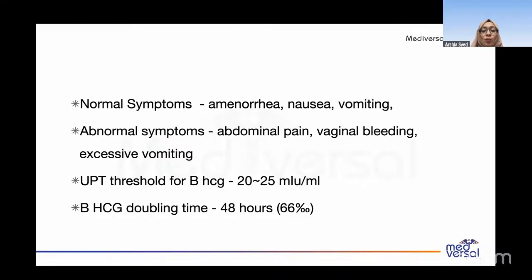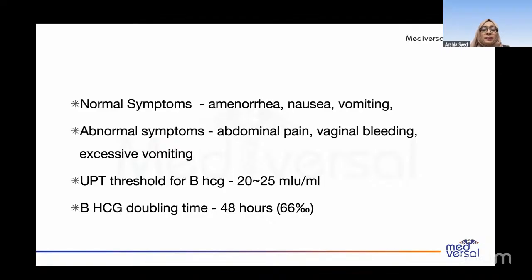Okay, so now what is the beta HCG value in your blood which is needed for the urine pregnancy test to come positive? That is 20 to 25 milli international units per ml of beta HCG in the blood. You must have heard patients sometimes tell you that the UPT test was done but it was faintly positive.